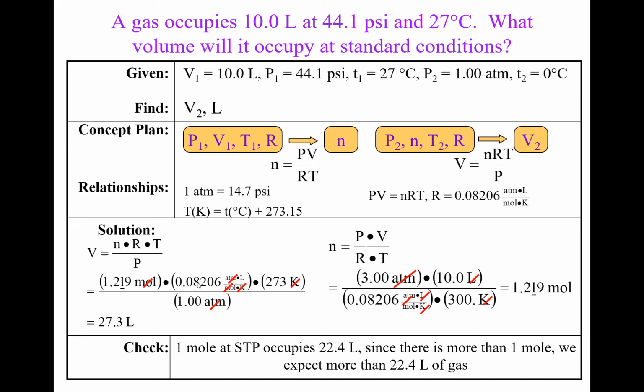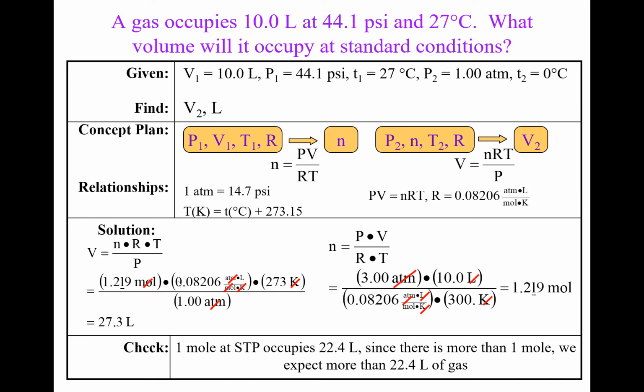Okay, so if you take this same equation in here, right, 1 atmosphere, 273, and you didn't put 1.2, you just put 1 mole, it turns out that 1 mole at STP is exactly 22.4 liters. So this becomes a new conversion factor. Like there's 12 inches in a foot or 24 hours in a day, and 1 mole at STP is equal to 22.4.